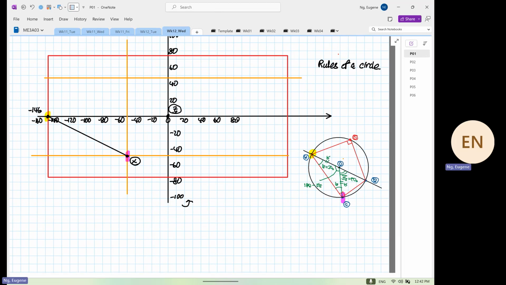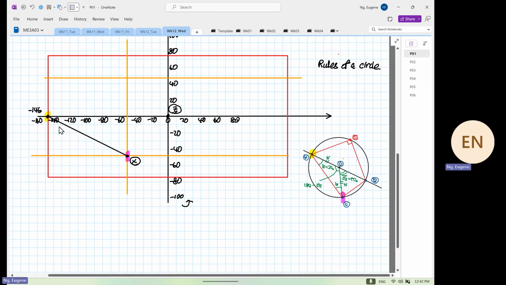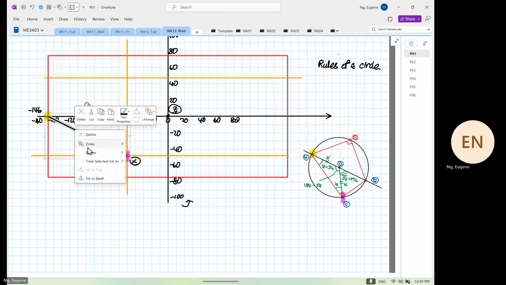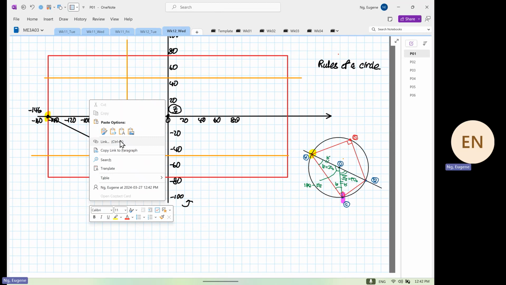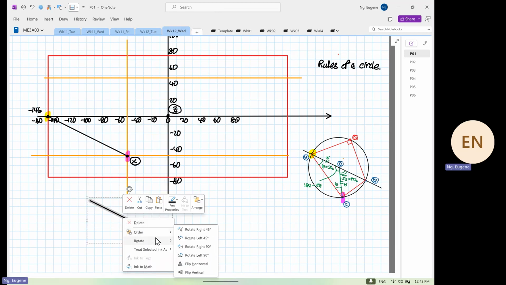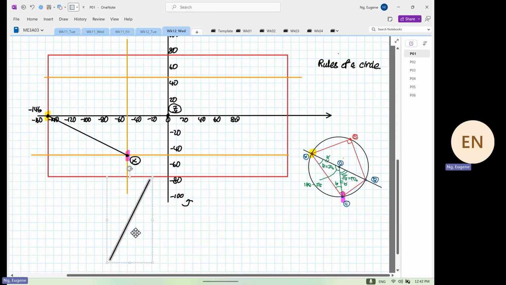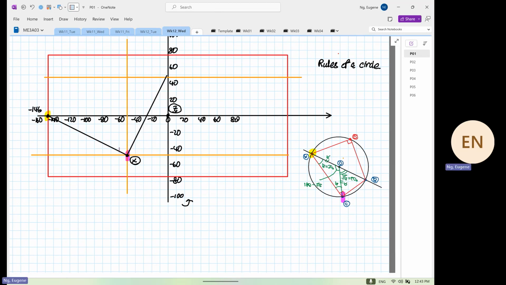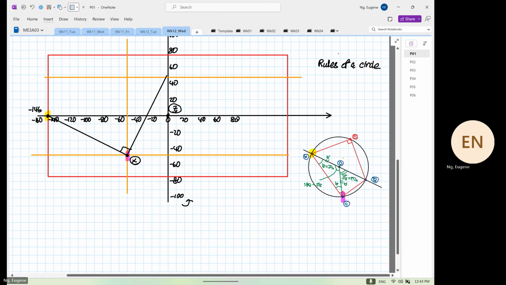So all we need to do is take this line. I'm going to copy and paste, and I'm going to take this line and rotate 90 degrees. When that's the case, this angle is how many degrees, anyone? 90 degrees, like over here, yes or no?